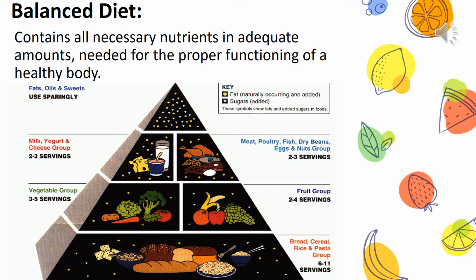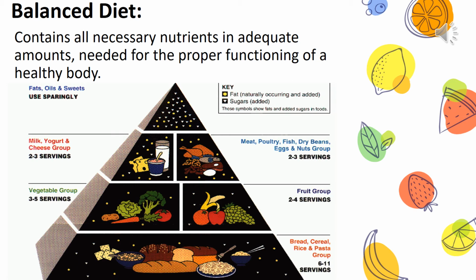Then at the second level, just above the carbohydrates, you have fruits and vegetables, the vegetable group and fruit group. This all contains vitamins and minerals which are necessary for the body.